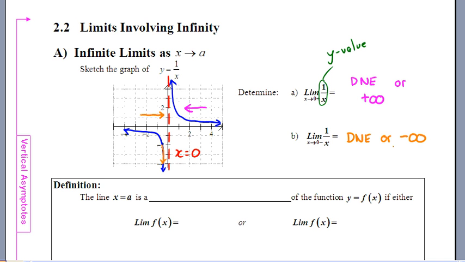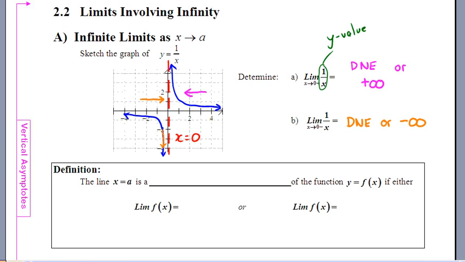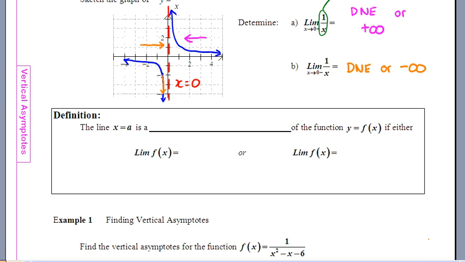And so this idea of doing these sided limits can help me find and locate these vertical asymptotes. It helps me describe them. So the line x equals something, here we had x is equal to 0. Doesn't have to be located there, but this one was. That line is a vertical line, and it's going to be a vertical asymptote, one of those lines the graph gets close to but never touches, of the function if either one of these things is true.